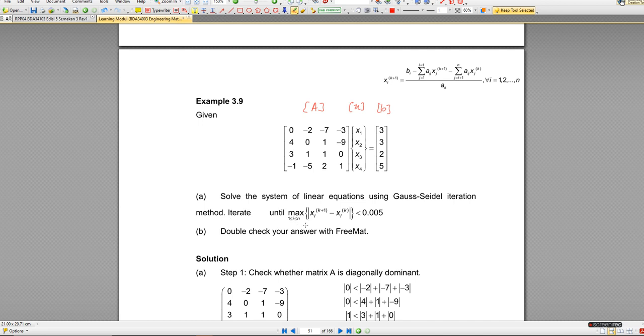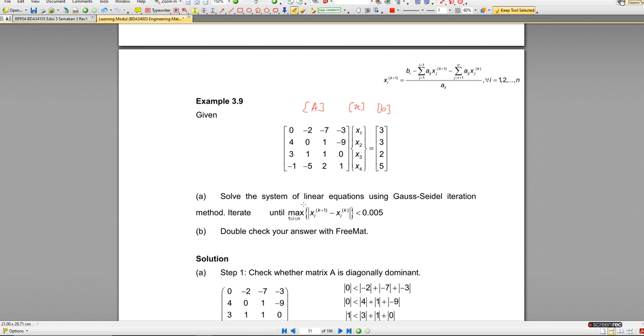Iterate until maximum of xk plus 1 minus xk is less than 0.05. This is the error. Okay, so now proceed, and then we go to the solution.